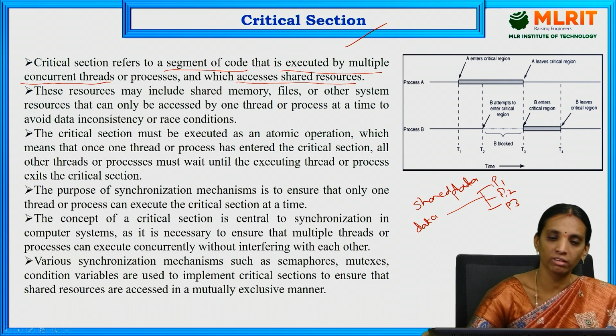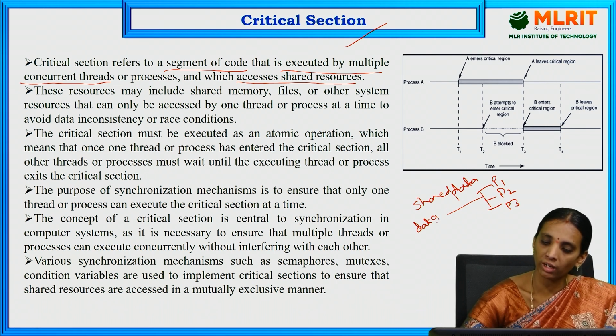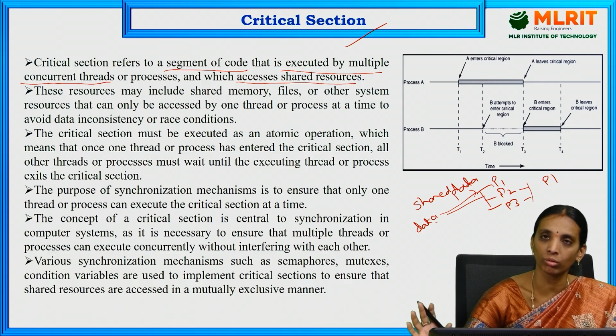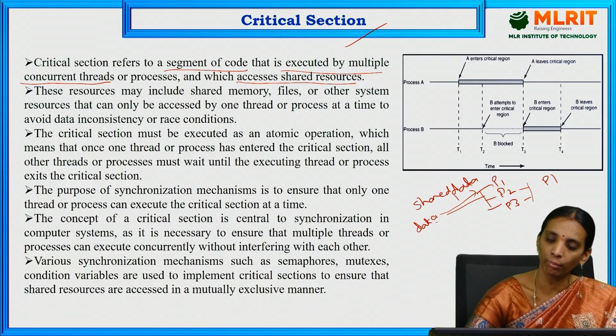When the data is assigned to a particular process P1, it will not be used by other processes. For that particular time, the data will be available only to process P1, so it will not be utilized by P2 and P3.